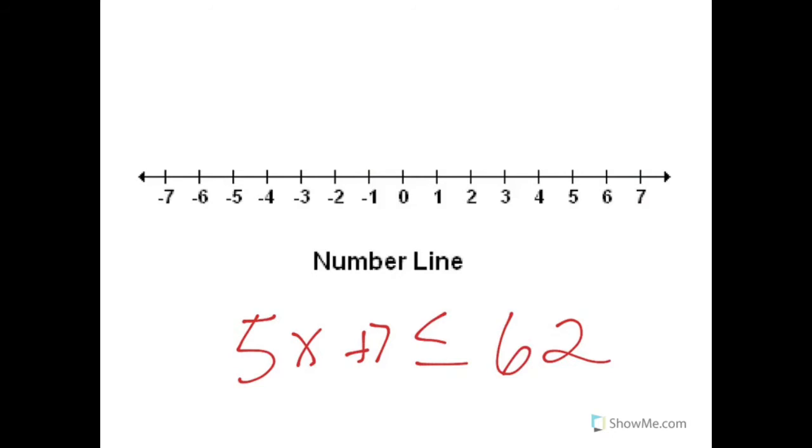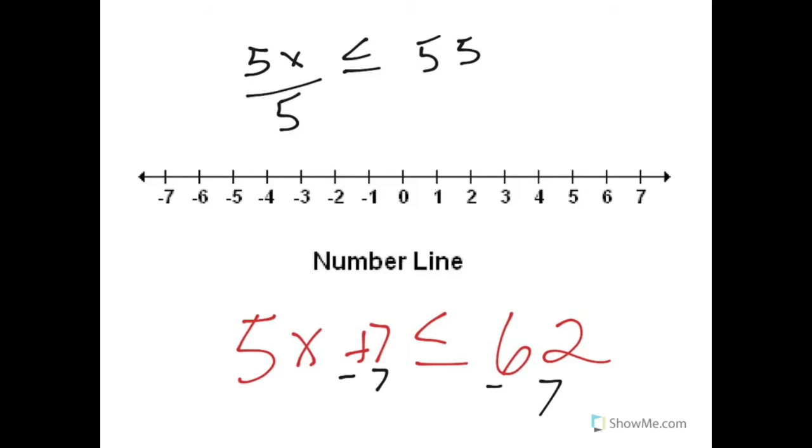Sometimes you'll see inequalities that have multiple steps, in this case 2 steps. So we have 5x plus 7 is less than or equal to 62. Well, we need to solve, and we want to make sure that we get x by itself, just like we always do when we have multiple step problems. We're going to subtract 7, subtract 7. So then we end up with 5x is less than or equal to 55. Now we've got to get that 5 out of there.